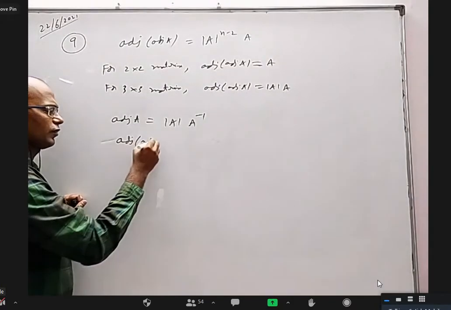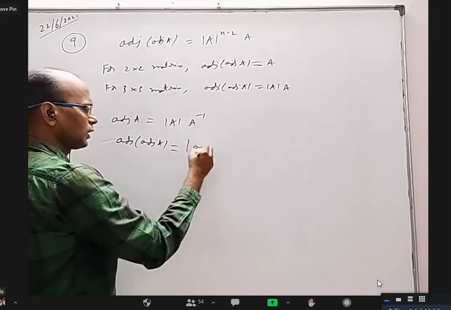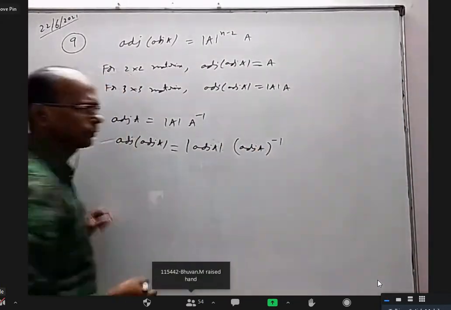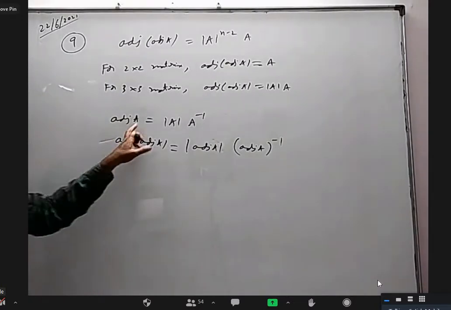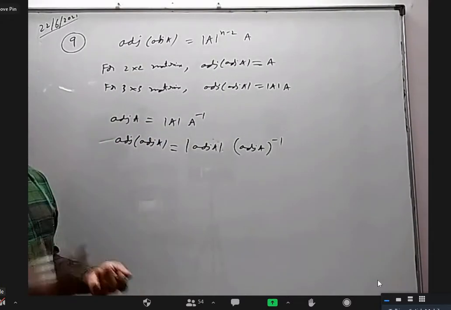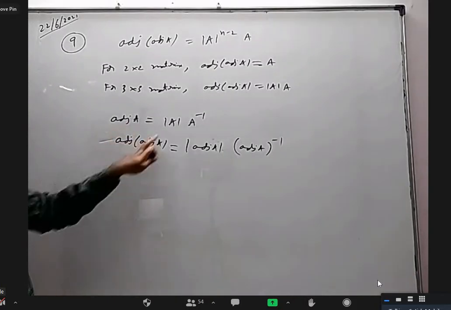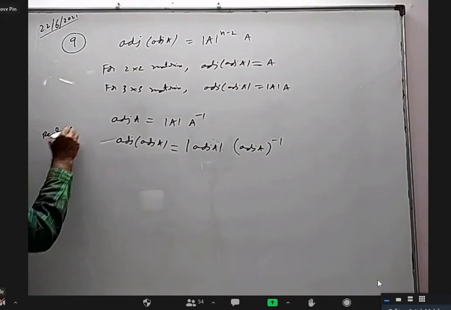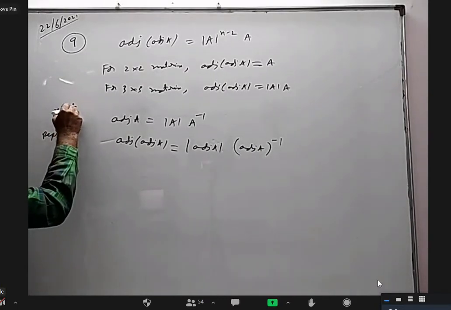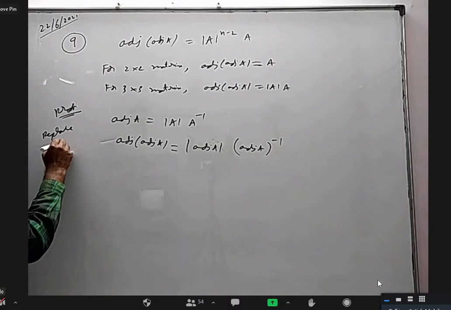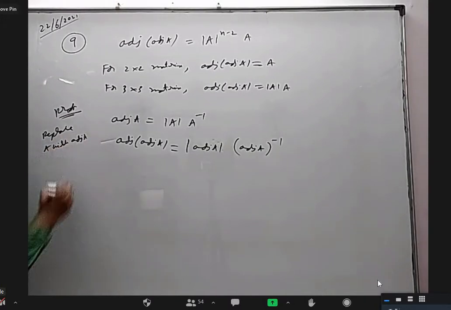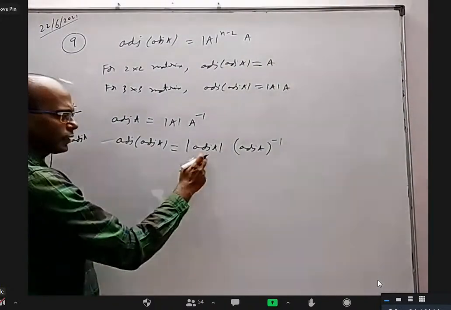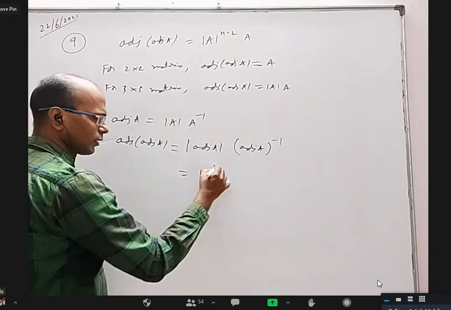So adjoint of adjoint A is det of adjoint A into adjoint A whole inverse. In the place of A, I can put any matrix B or C or A square or A cube. I'm putting adjoint A everywhere, replacing A with adjoint A. Just now we got det of adjoint A as det A power n minus 1.